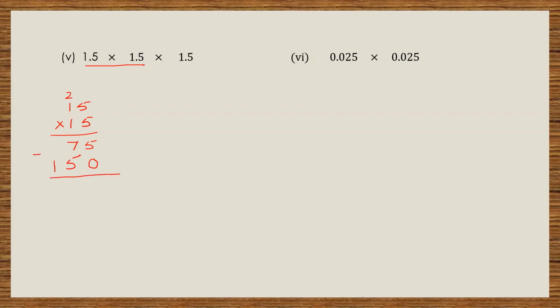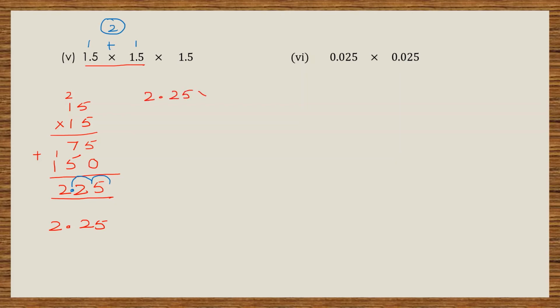Let's add this up. 5, 7 plus 5 is 12, carry 1, 1 plus 1 is 2. 225. Now where do we put the point? Number of decimal places 1 plus 1. There are 2 decimal places. So our answer will have 1, 2. So what's the answer we got to the first part? 2.25.